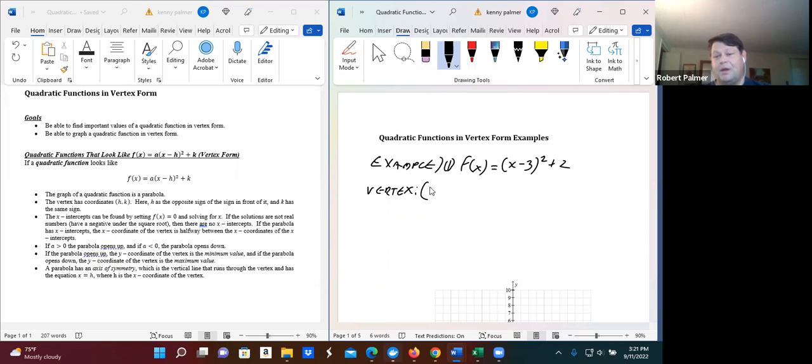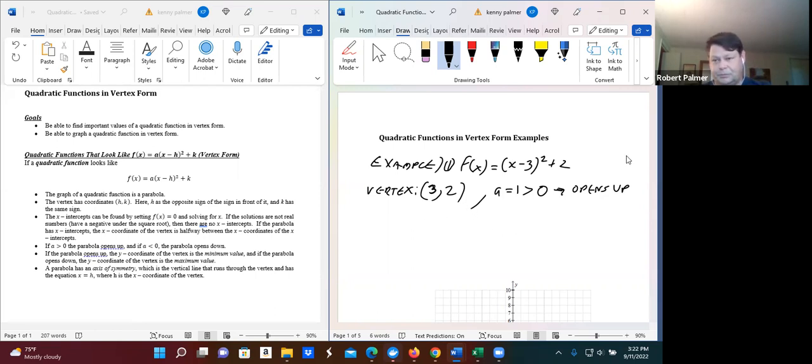This is negative, so our x-coordinate will be positive. And here, this is our y-coordinate, it has the same sign, so it's plus 2. So the vertex of our parabola is located at the point (3, 2). Now our a, the number in front, is just equal to 1 and is greater than 0. What this tells us is that our parabola opens up. So we know two important things about it: the vertex and whether or not the parabola opens up.